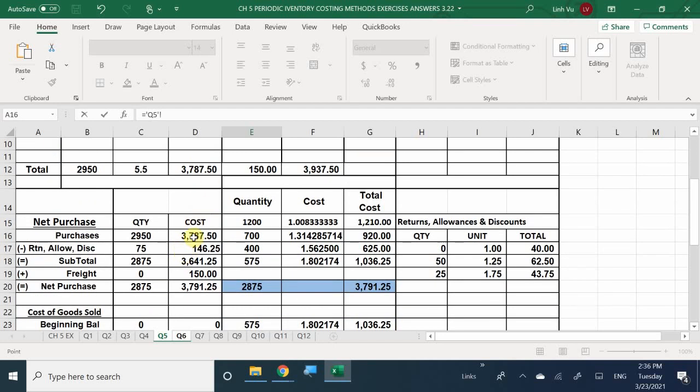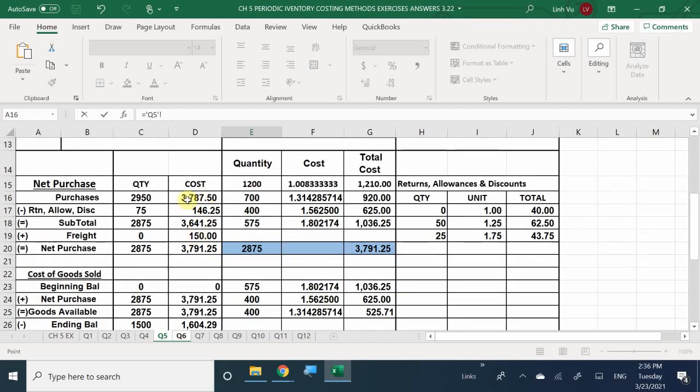So what is going to be my total purchases? 28.75. 41.25. Okay, so remember, we're not looking at quantity. We're always going to look at the total dollar value. So in this case, what did you say, Alan?